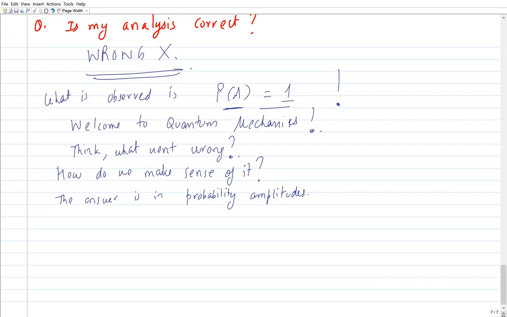Let's assume we have all the information about the system as we've discussed. The experimentalist is supplied with all the information about the system.